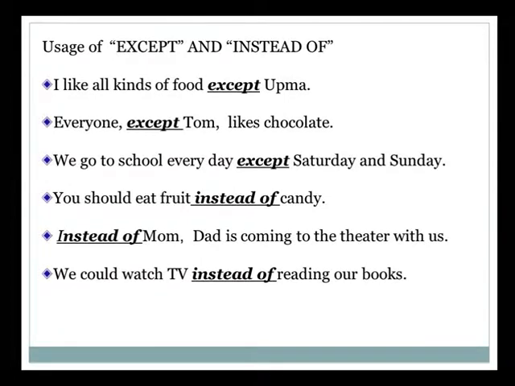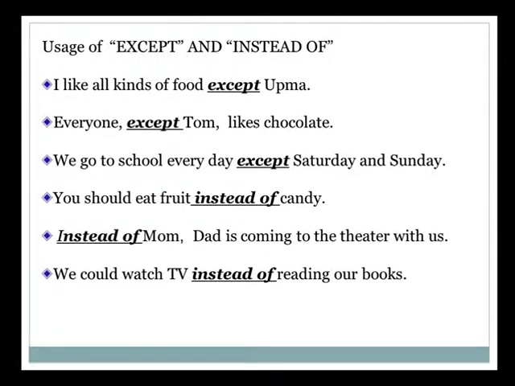It's dad who's joining us to the theater. We could watch TV instead of reading our books. That means at the place of reading our books, we could watch television. So here, after understanding of and for, we learn the special usage of except and instead of.